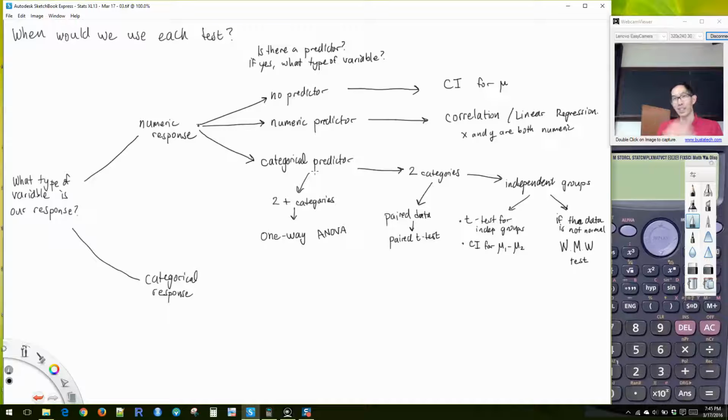I think examples in the book were, is torsion flexibility different for dancers and some other group, gymnasts or something like that? You've got some numeric response, flexibility expressed as a number, and then you have a, quote, categorical predictor.